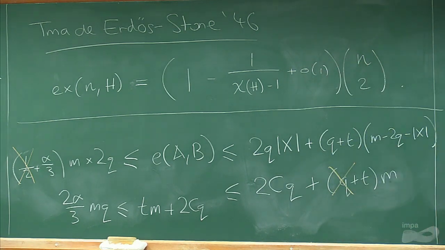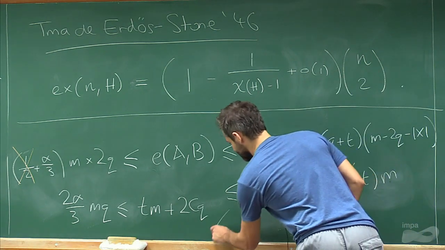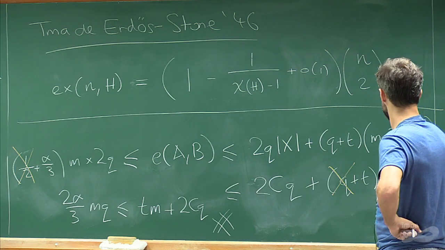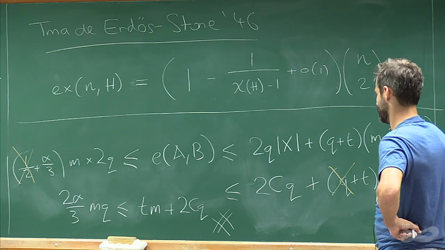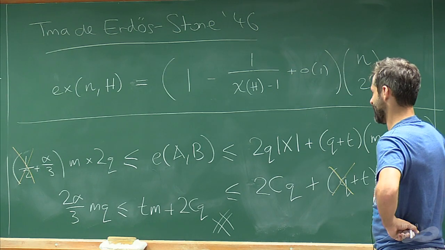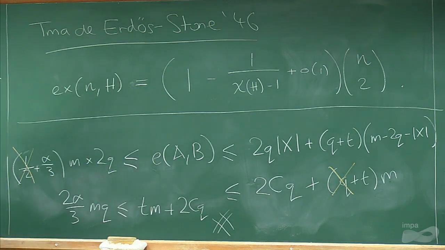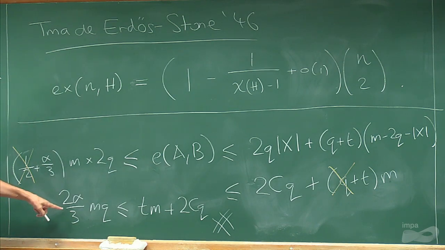So why is that a contradiction? Right, q is much bigger than t, exactly. M is much, much bigger than these guys, so this thing doesn't matter at all. It's just these two fighting it out. And we just want to choose q to be bigger than 3t over 2 alpha.